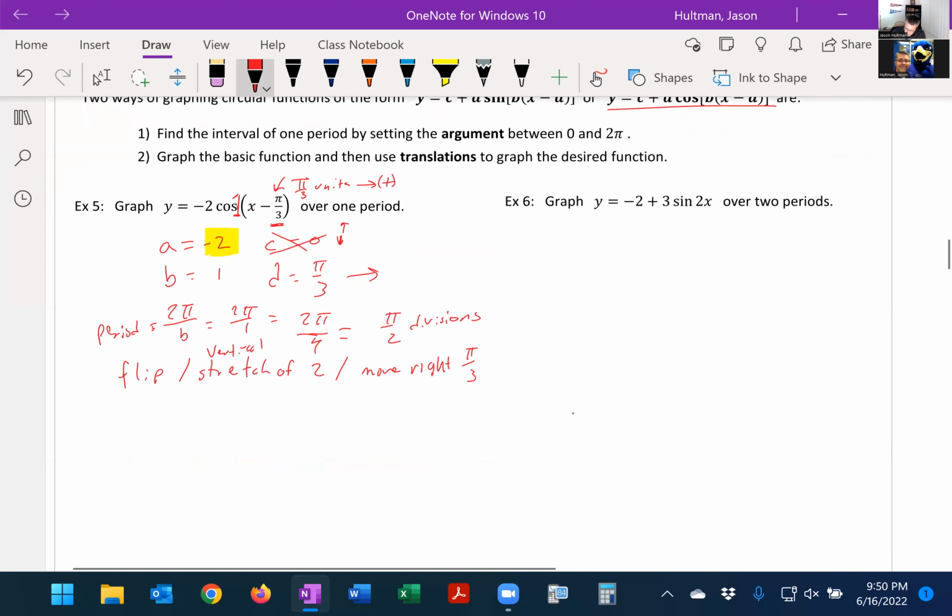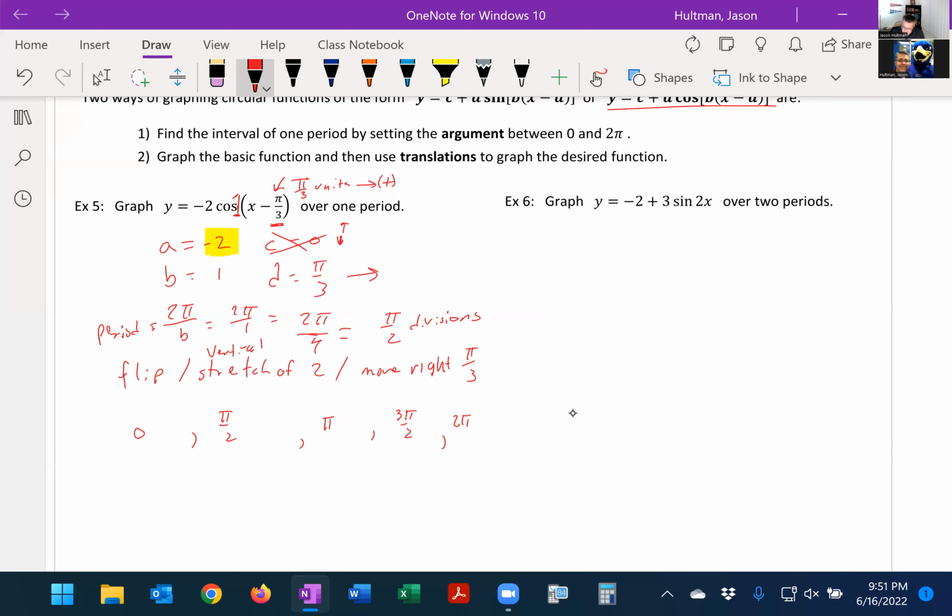If we had originally pi over 2 unit divisions, then we would start at 0, then go to pi over 2, then pi, then 3 pi over 2, and then 2 pi. That would be the divisions that we use to mark those key points, those reference points.